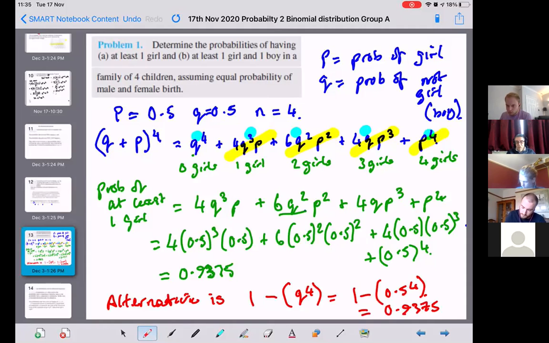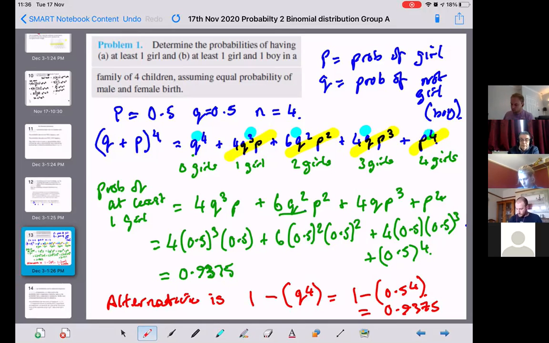Hopefully, if you do 1 minus 0.5 to the 4, you get that answer, 0.9375.